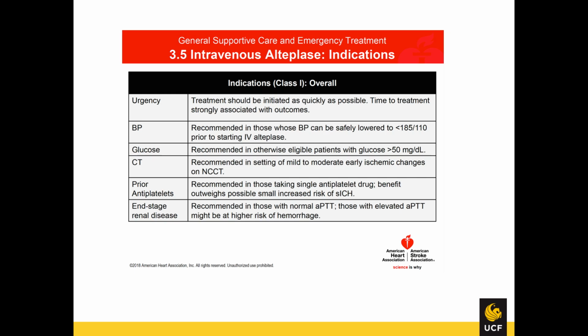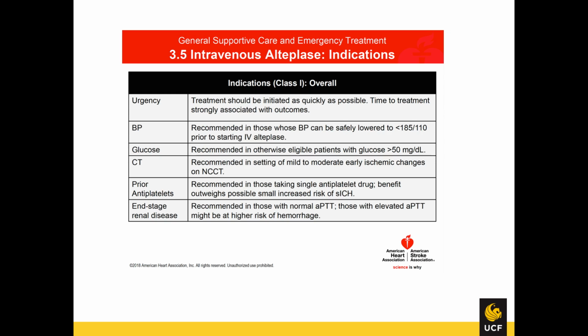Okay, again, in terms of class 1, urgency: treatment should be initiated as quickly as possible. Time to treatment is strongly associated with outcomes. Remember what I said, our goal is door to needle within 60 minutes. Blood pressure, again, less than 185 over 110.